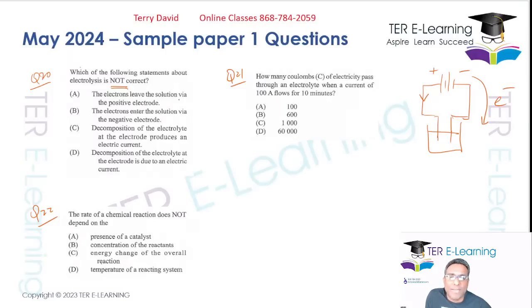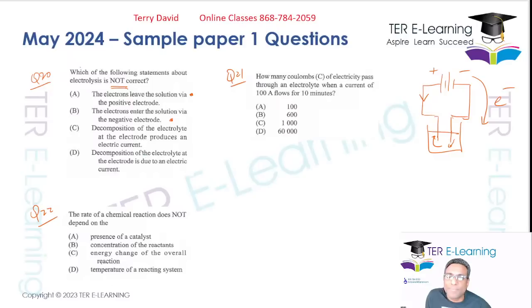So let's see. Electrons leave the solution via the positive electrode. This statement looks correct because electrons are moving this way, towards the anode. So that statement is true. Electrons enter the solution via the negative electrode. That's also true. The decomposition of the electrolyte at the electrode produces an electric current.